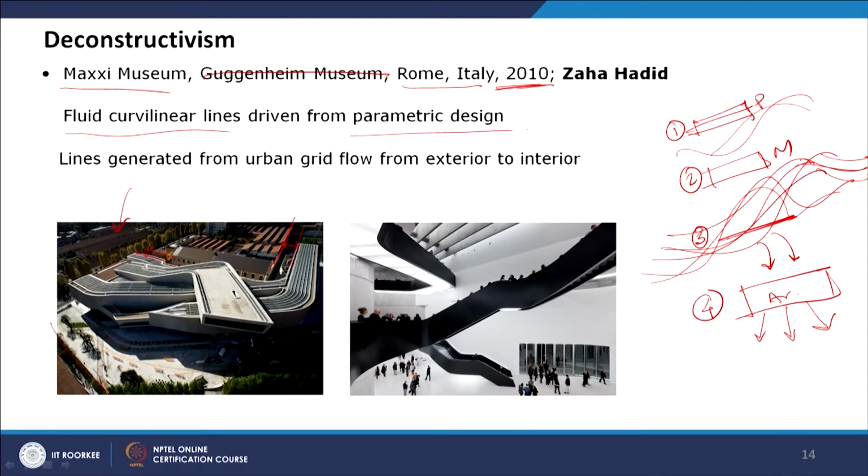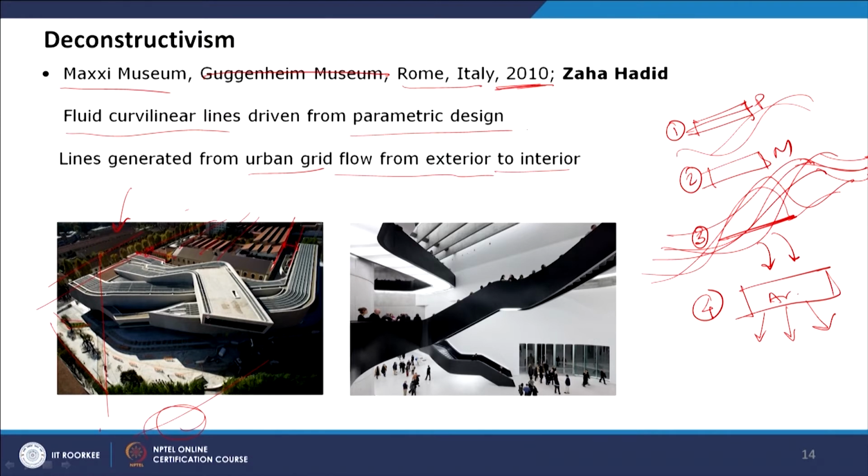And also from other areas, this node of the road helps to derive the line which is there throughout this building. So the urban grid, generated from these urban lines, flows in the exterior as well as the interior of this building.